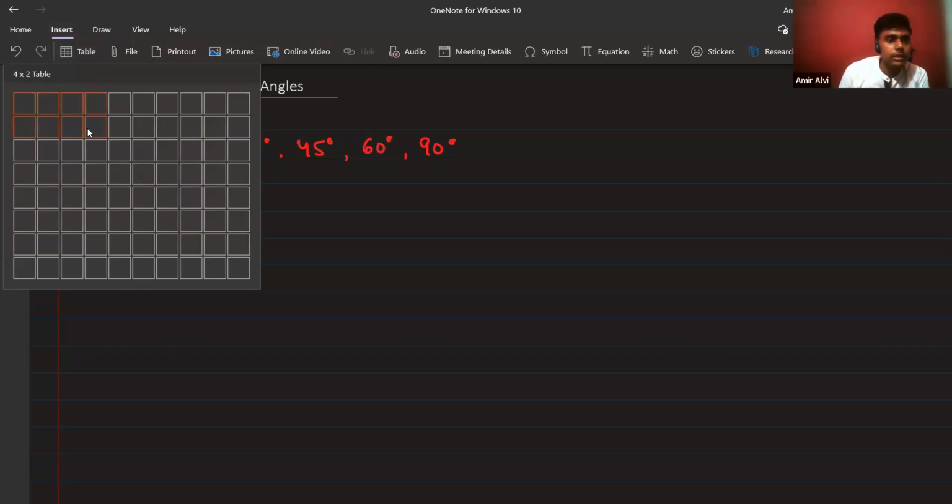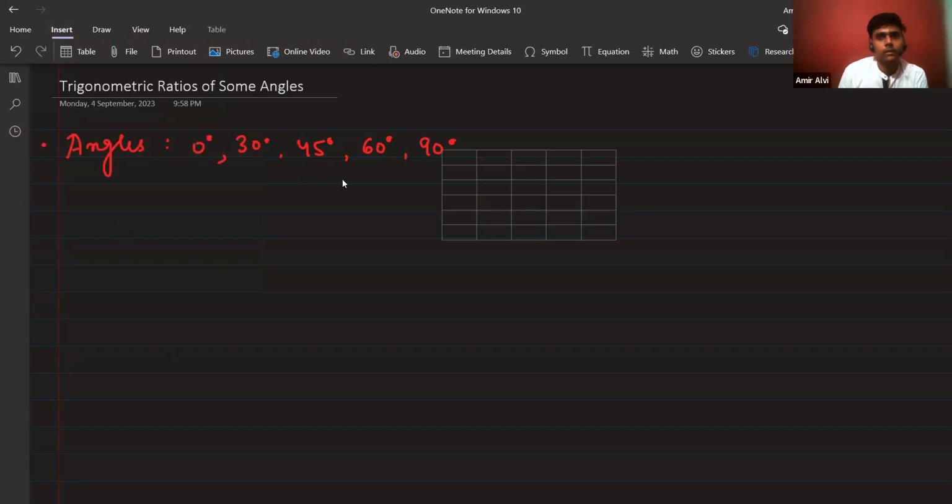Okay. So let me insert a table in this. Just a second. How many angles are there? 0, 30, 45, 60, 90. 5 angles are there, na? So 5 columns would be enough. And we have 6 ratios.